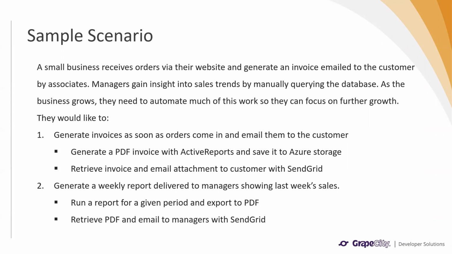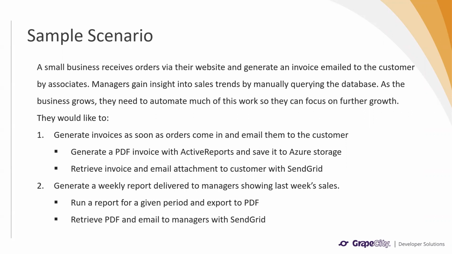A PDF is exported, and then an email is created with SendGrid, and the PDF is attached to the email and sent to the manager. So these are essentially the steps that would logically take place for these two scenarios.